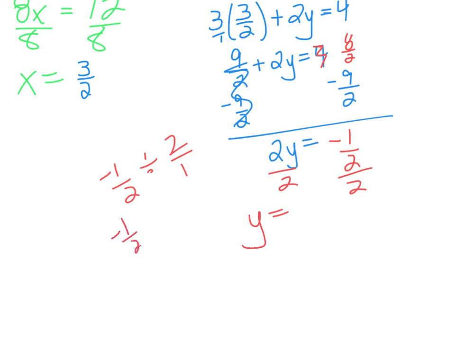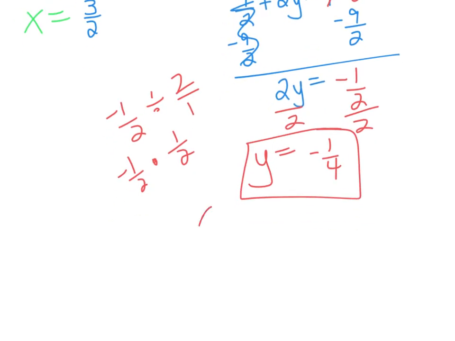Keep, change, flip. 2 over 1 becomes 1 over 2. So y is what? Negative 1/4. You agree? Yeah. Okay, so I can write my ordered pair as x is 3 over 2 and y is negative 1/4.